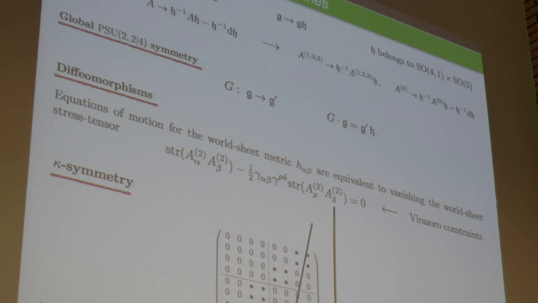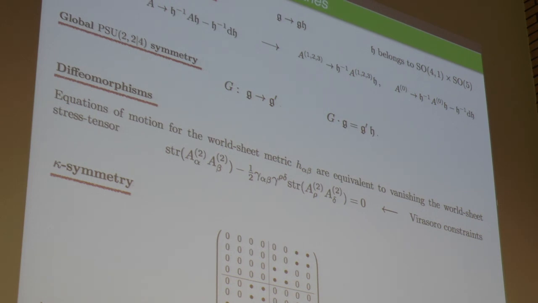But then you refactorize your element by a new element from the coset, G prime, and something which belongs to this SO(4,1) cross SO(5), which you don't care about because your Lagrangian is invariant with respect to this local symmetry. So basically, G goes to G prime is a global symmetry. So the action is invariant with respect to this global symmetry, the same as the symmetry of the background.